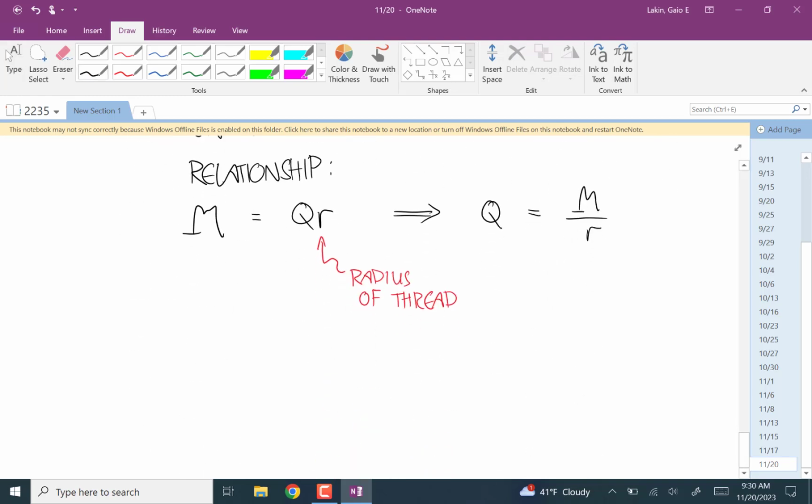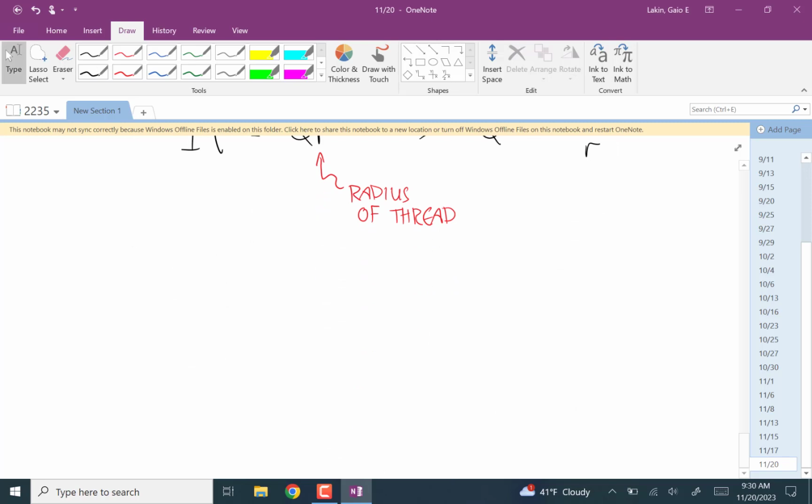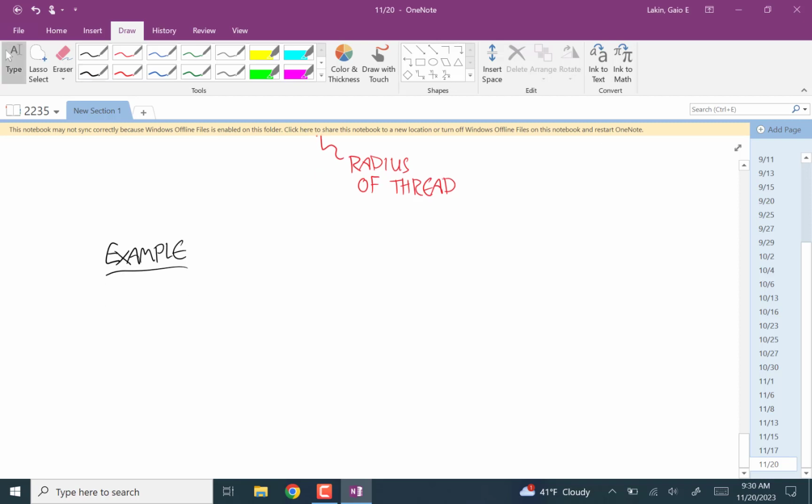Okay, well, let's do an example problem. So let's say we have a single-threaded square-threaded screw with a radius of 0.01 meters.